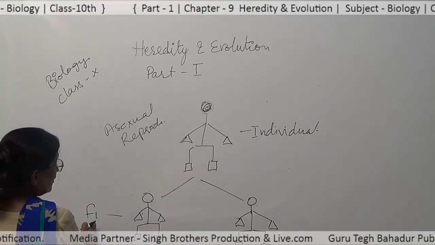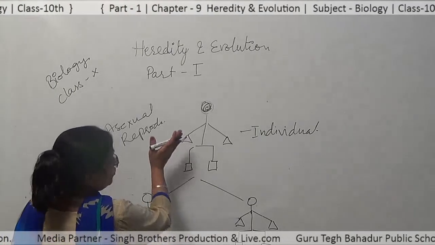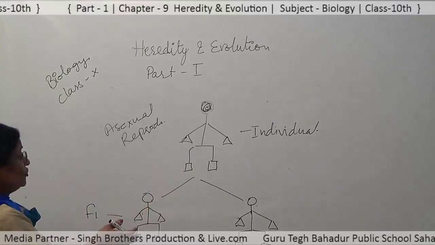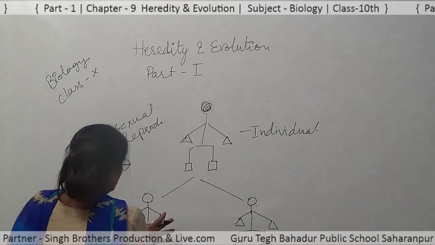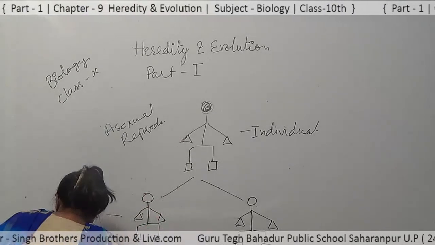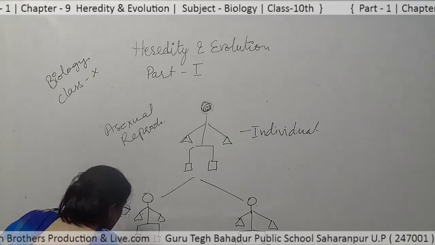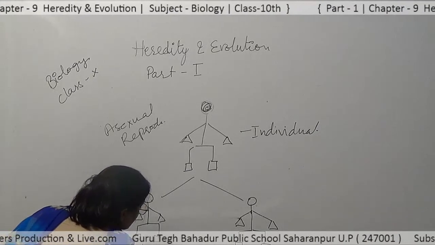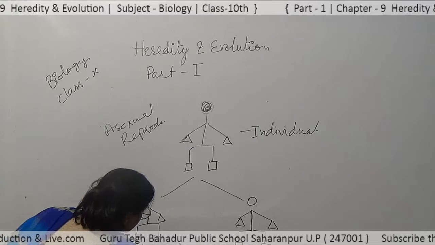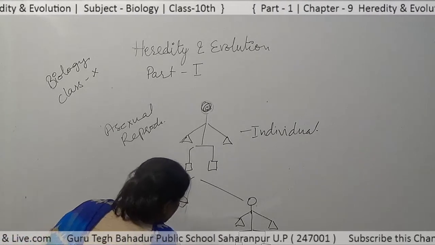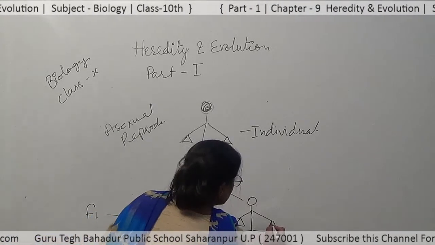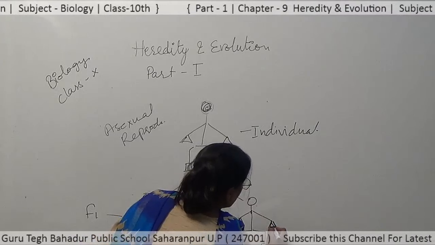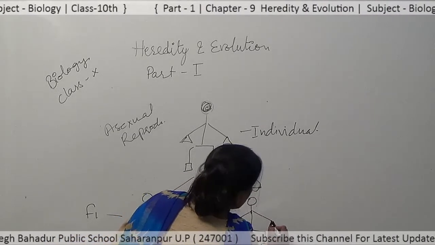In the F1 generation, it is seen that when one individual divides into two, one of the individuals will have the similar characters, the normal characters of the parent, and in this it is seen that one of the individuals has a character dissimilar to the parent.